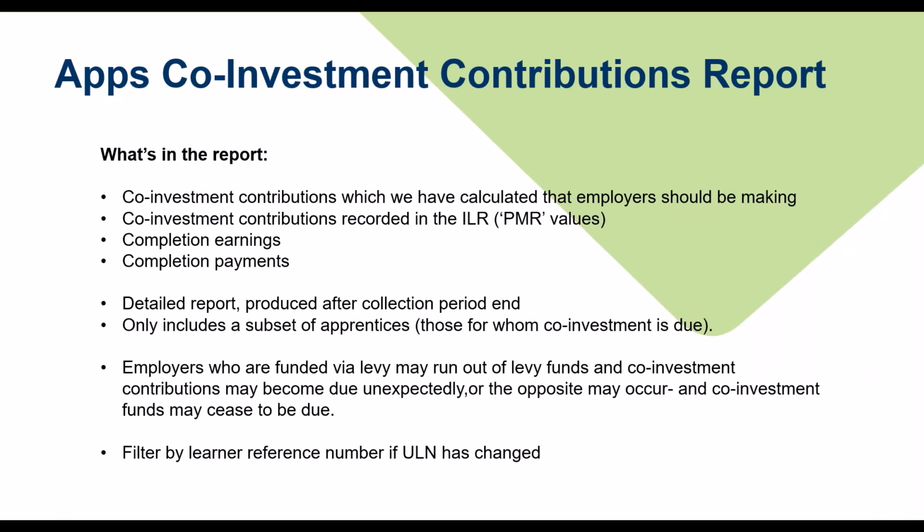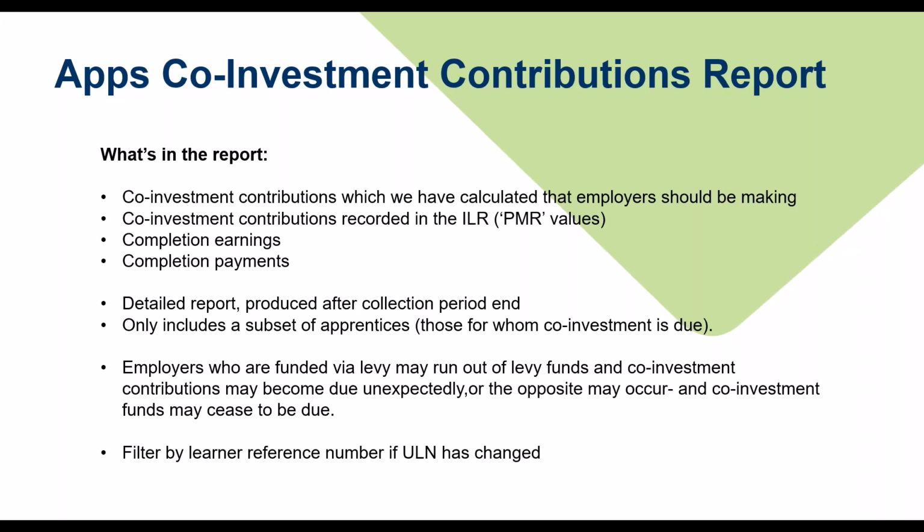So that completion earning is obviously useful there. It's a detailed report produced after the collection period end and only includes a subset of learners, those for whom co-investment is due.